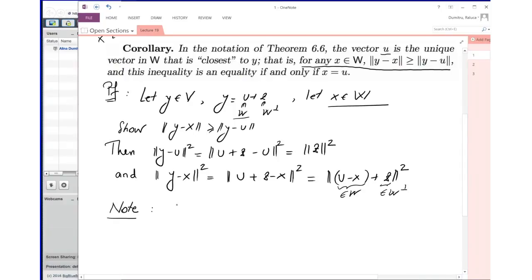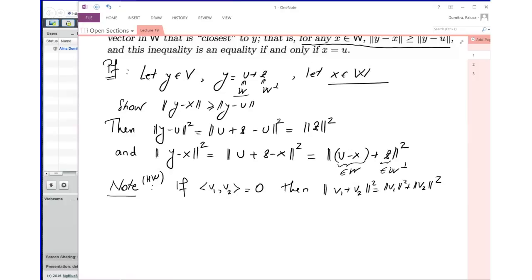For two arbitrary vectors, let's use other letters like V1 and V2, in an inner product space, if V1 and V2 are two vectors that are orthogonal to each other, so the inner product is 0, then the norm of V1 plus V2 squared is the norm of V1 squared plus the norm of V2 squared. Again, this is a homework problem, so I'm not going to go into the proof, but just to have some visual interpretation of this, that is all you need.